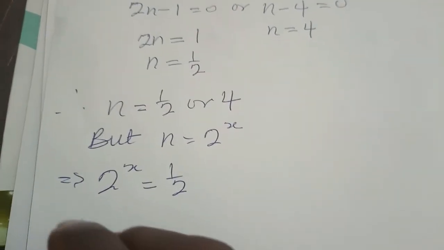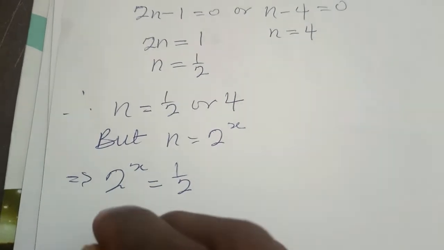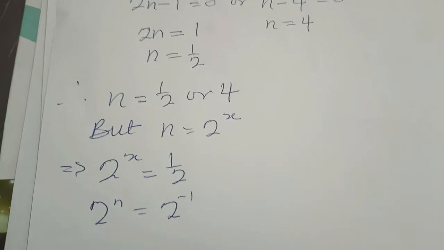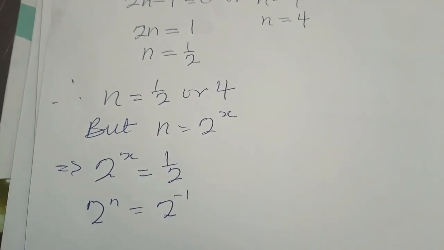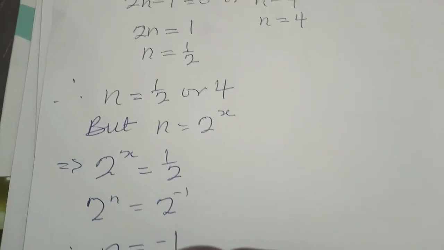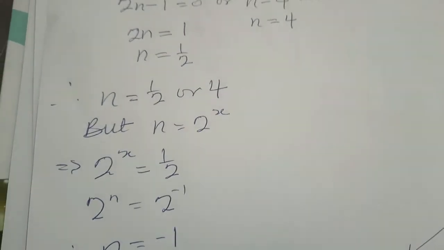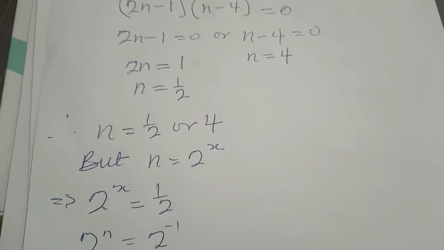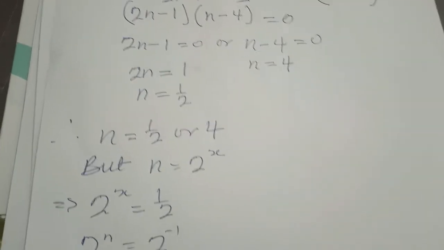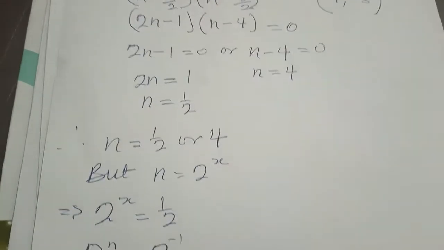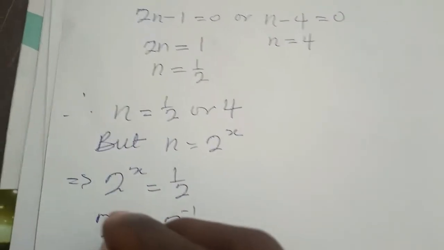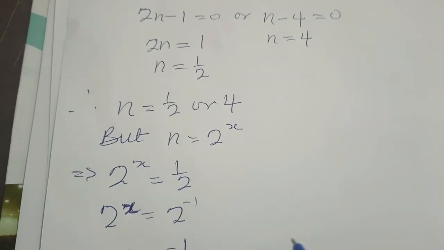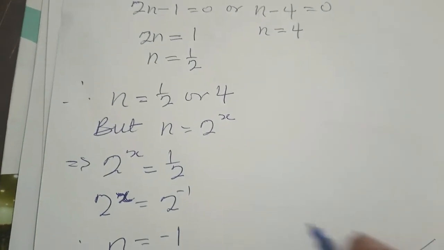That means 2^x will be equal to 2^-1. Therefore, our x will be equal to -1 since the bases are the same. Oh, sorry, I said this is x, this is x, this is x, not n.